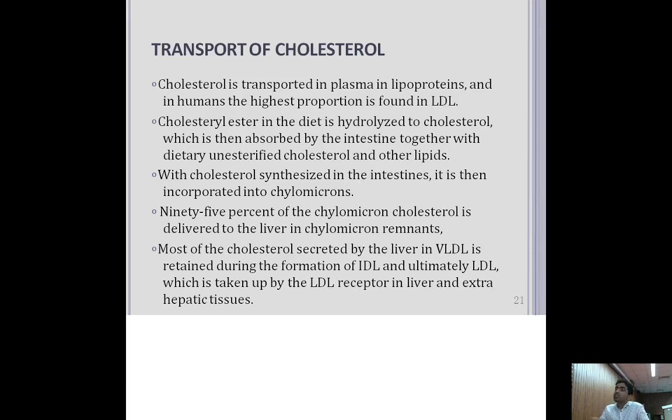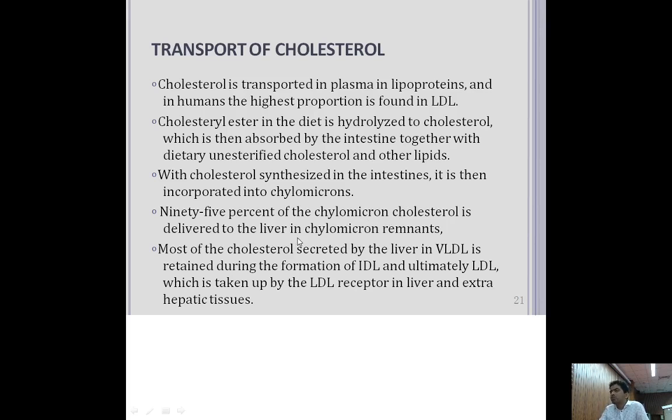So the cholesterol which is synthesized de novo in the intestine will get incorporated into chylomicron. Chylomicron is a type of lipoprotein, a carrier molecule for cholesterol. The cholesterol you take in food and the cholesterol synthesized in your intestine will go inside the chylomicron, and this chylomicron will carry the cholesterol from diet and intestine and deliver it to the liver.